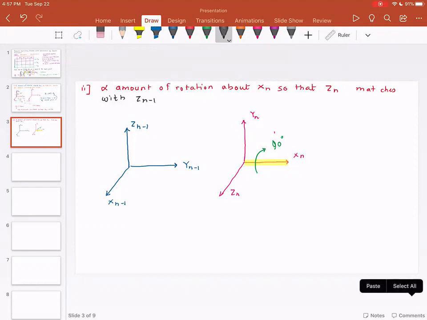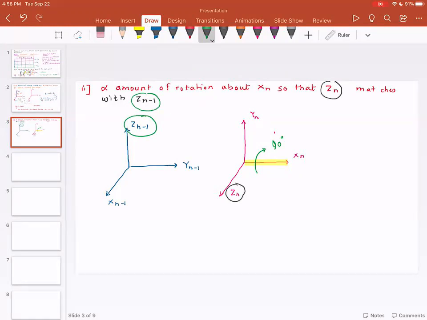So this is Zn, this is Zn minus 1. Okay, so there are some questions. I just want to be very clear about this rule.